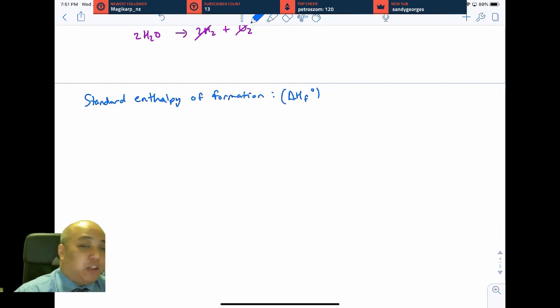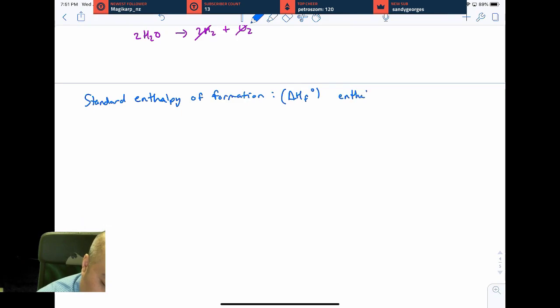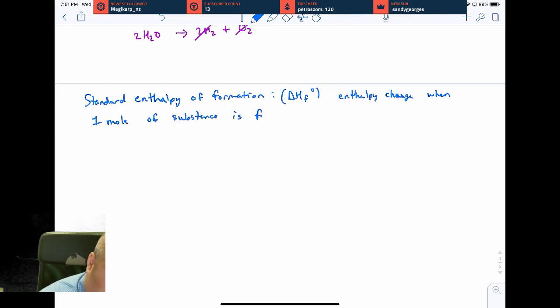Okay, so standard enthalpy of formation is defined as the enthalpy change or the heat change when 1 mole of substance is formed from standard state elements at standard conditions.